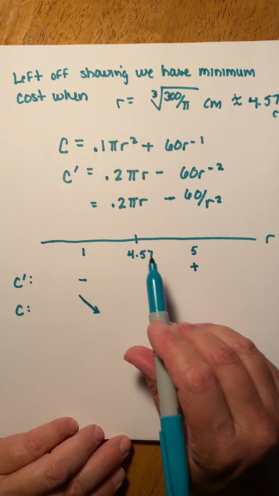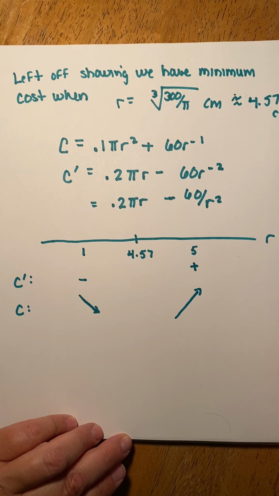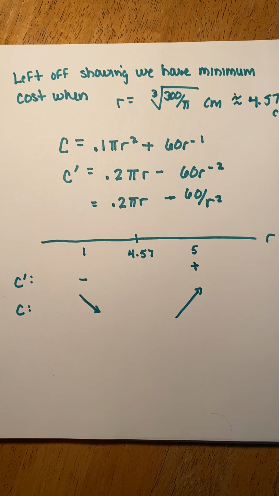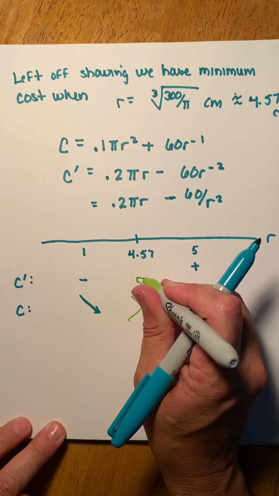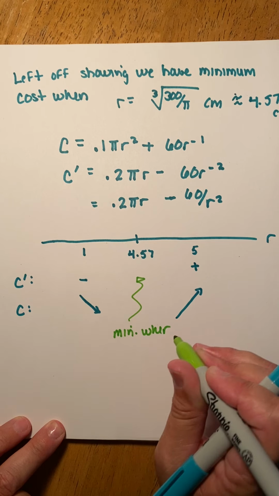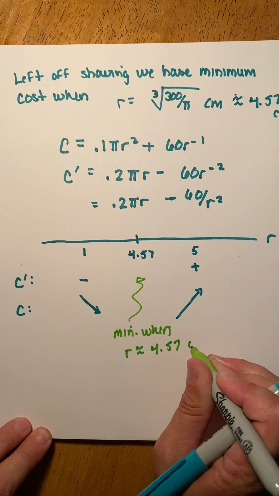So once we hit this radius, the cost of the can is going to start increasing. So we must be using more top and bottom than we would be using sides after that point. So this is going to be a minimum because the cost decreases, then it hits that point and increases. So we have a minimum when our radius is about 4.57 centimeters.